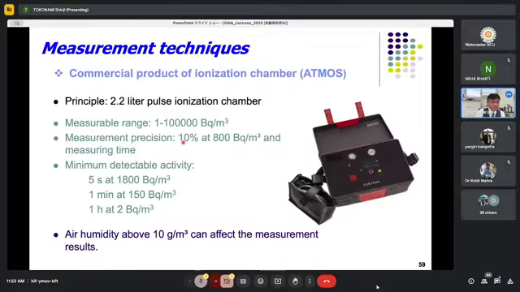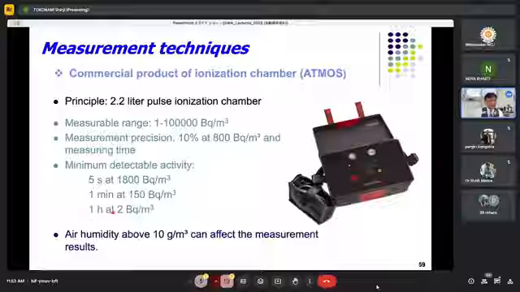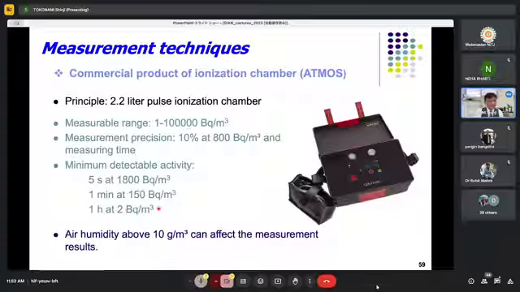Measurement precision 10% at 800 becquerel per cubic meter. Minimum detectable activity: 5 seconds at 1,800 becquerel per cubic meter, 1 minute at 150 becquerel per cubic meter, 1 hour at 2 becquerel per cubic meter. Air humidity above 10 grams per cubic meter can affect the measurement result.